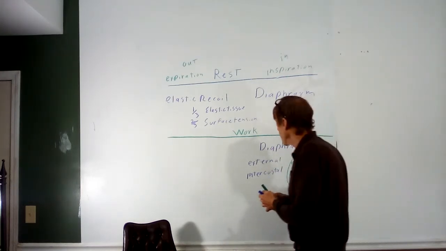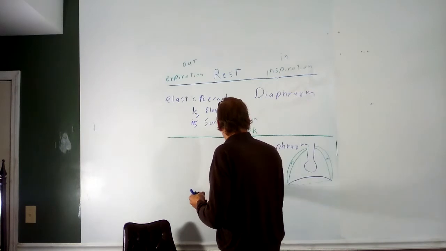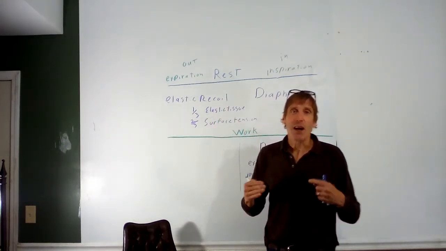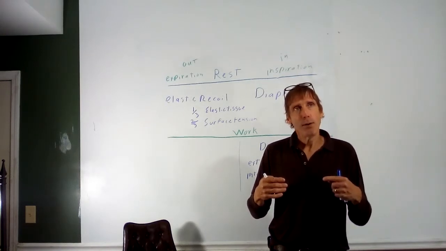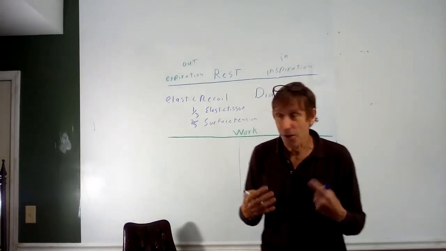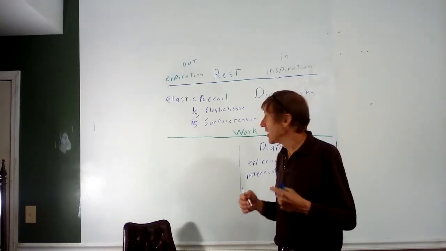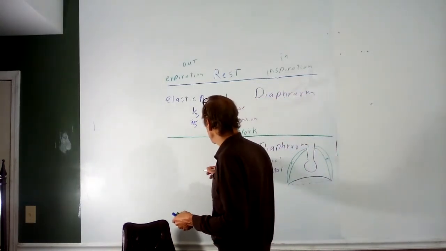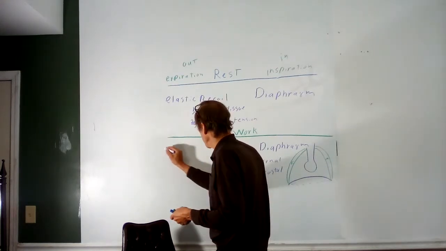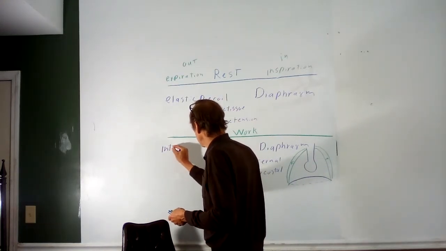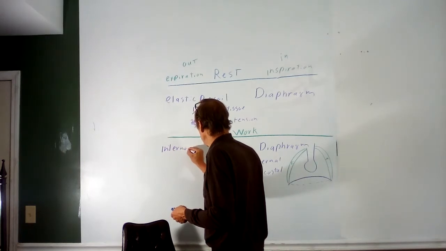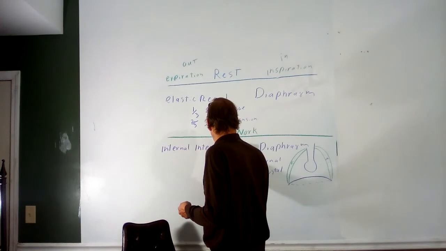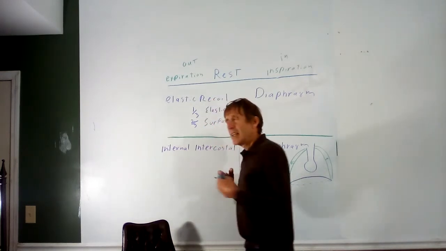Now, what about expiration? All right, elastic recoil, passively getting rid of the air, that's not fast enough. You want to push it out quick so you can suck in another breath. So you will recruit muscles for expiration when you're working. The muscles you will use, of course, one of them would be the internal intercostals.